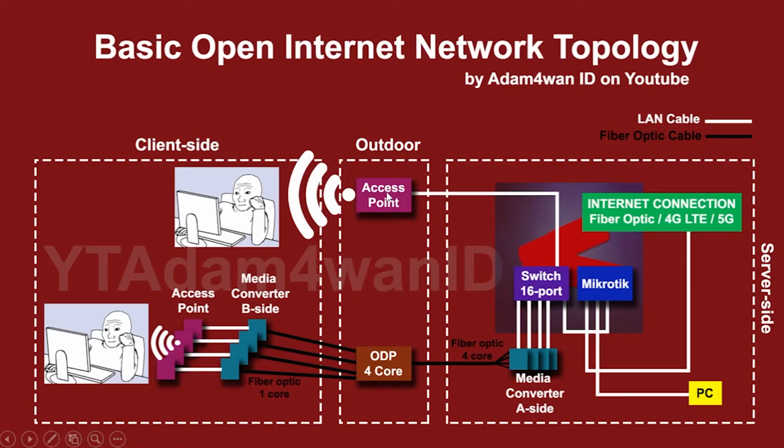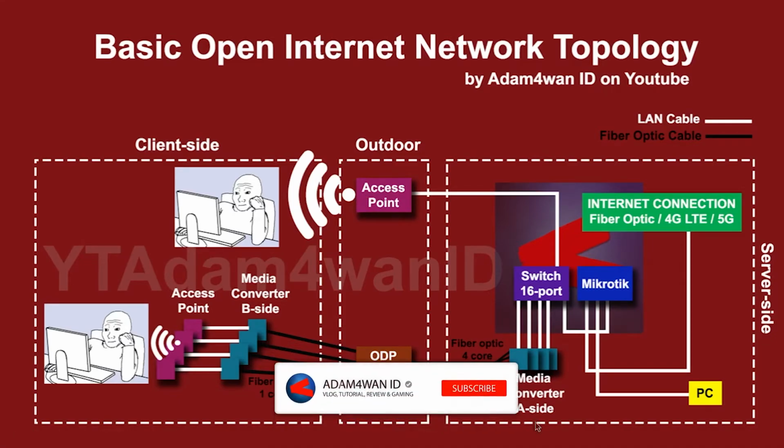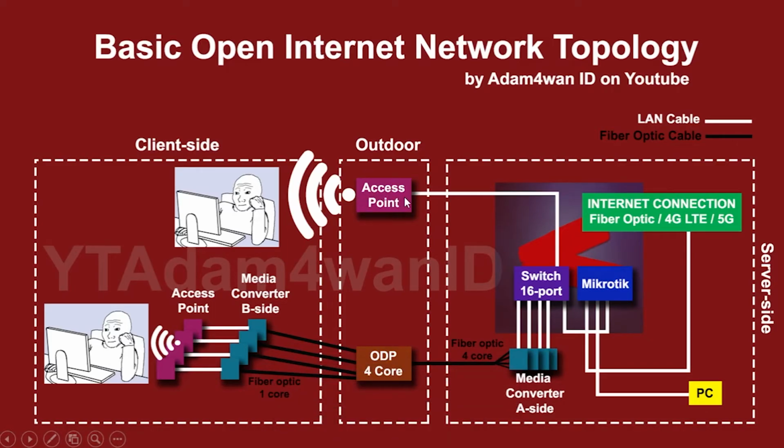If you don't know hotspot, it's a captive portal: if you connect to the Wi-Fi service, you need to log in with your credentials such as username and password. That is the hotspot.